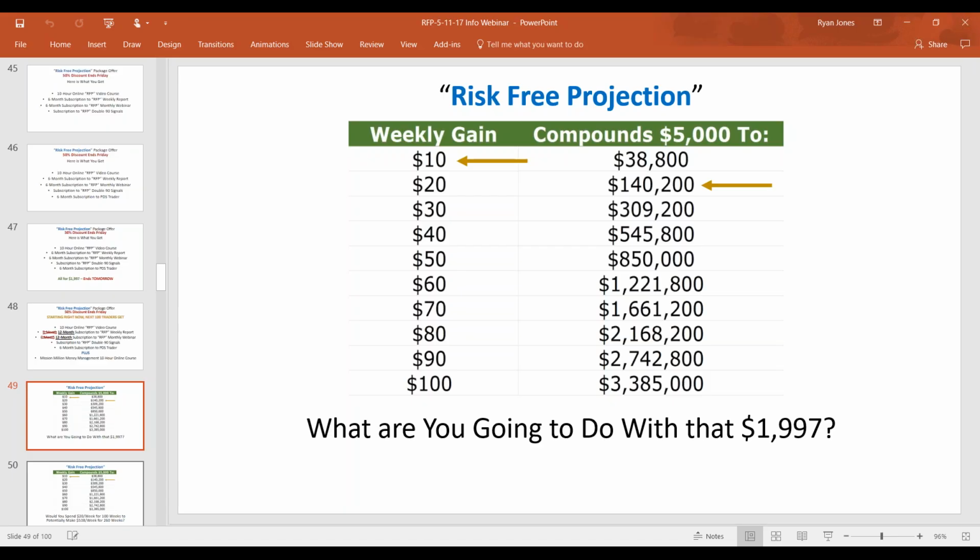If you're not generating any income through weekly options at all, then this course is worth a lot more, right? Because you can't even get out the door, right?